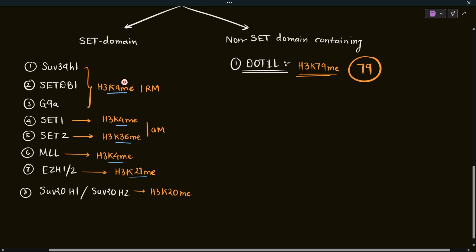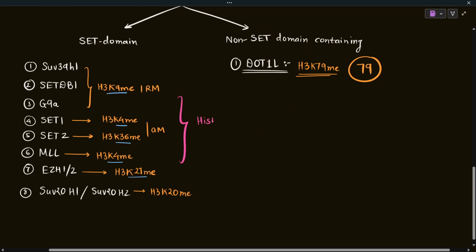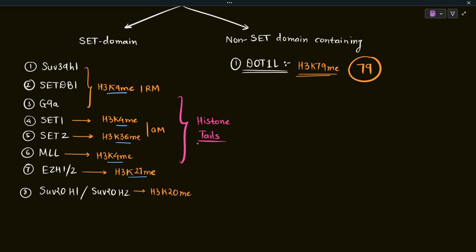All of those lysine residues, the 9th, 4th, 36th, 27th, and 20th, lie in the histone tails. But the 79th lysine residue, K79, is included in the histone core. All of the others are on the histone tails, the N-terminal long polypeptide stretch.